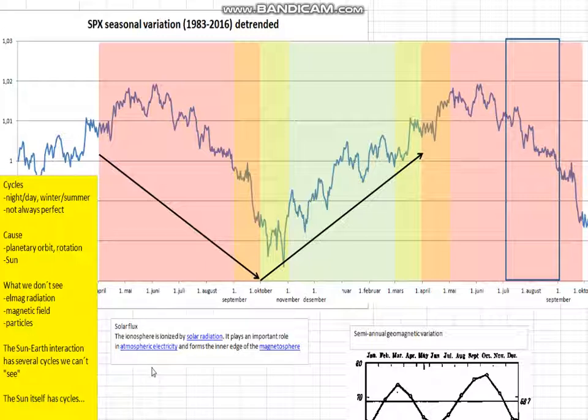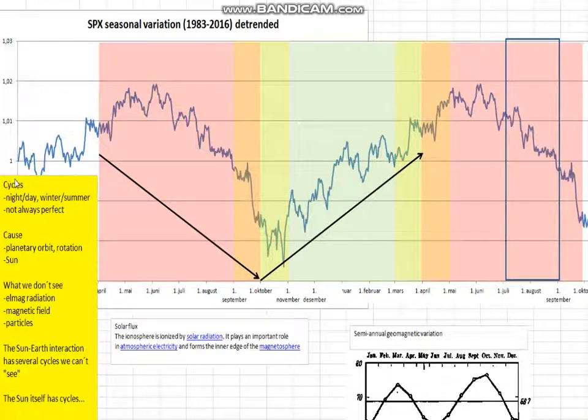So the two cycles I will talk about today, and the possible cause behind the seasonal variation that we see in the stock markets, I will look into today. Here I have the S&P seasonal variation calculated in the period 1983 to 2016, and I have detrended this seasonal variation.